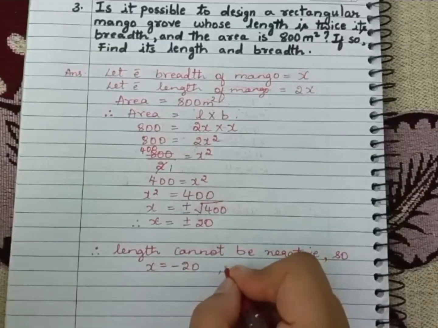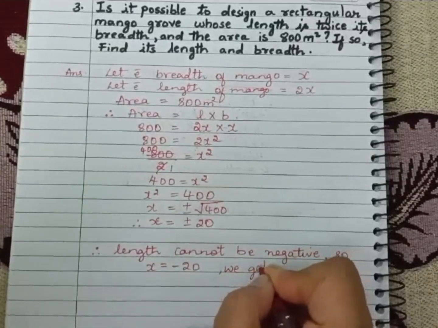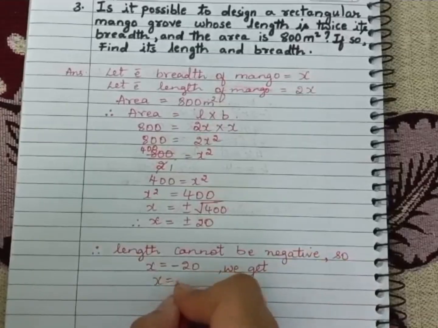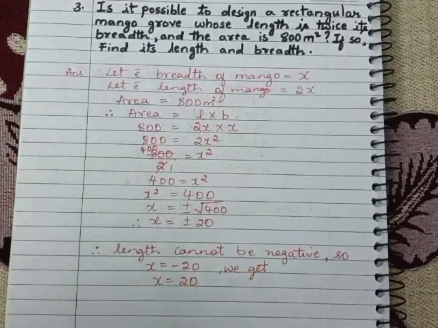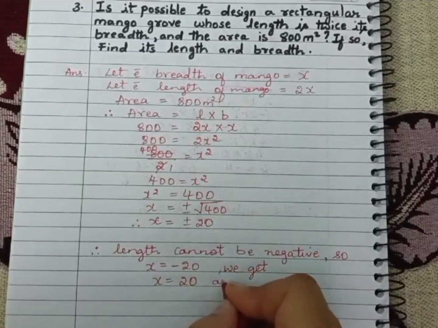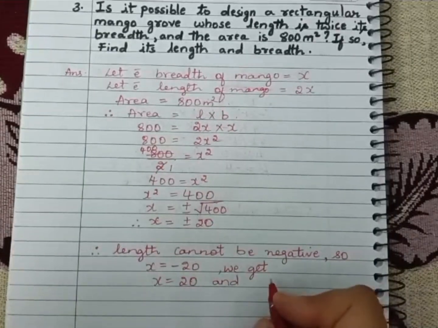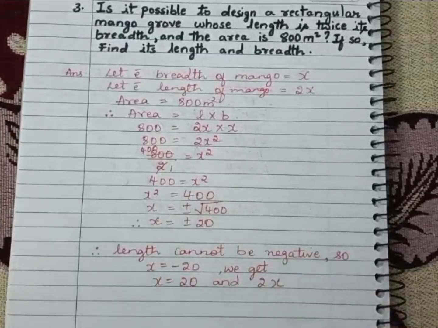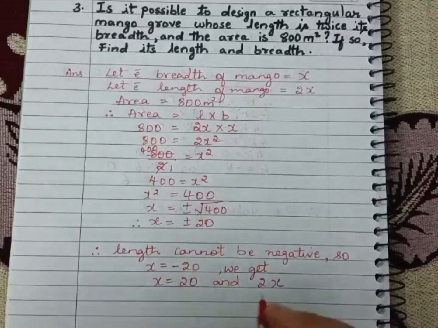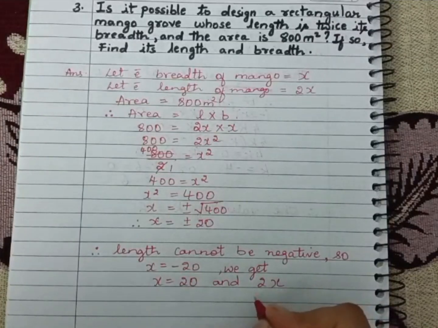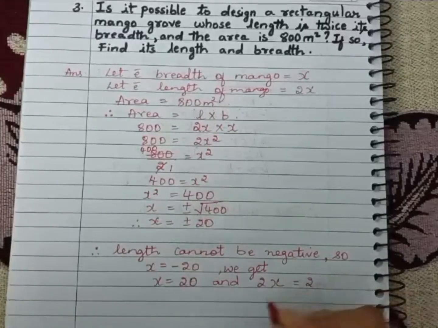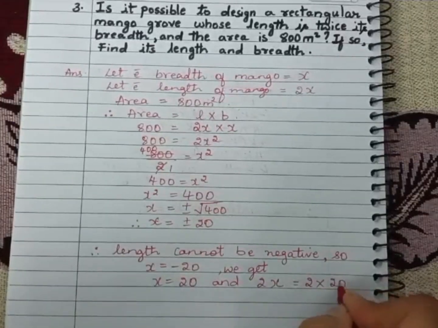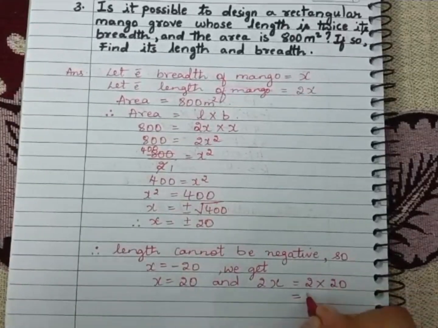We get x is equal to 20 and 2x is equal to 2 into x value, which is 20, so 2 into 20 is 40.